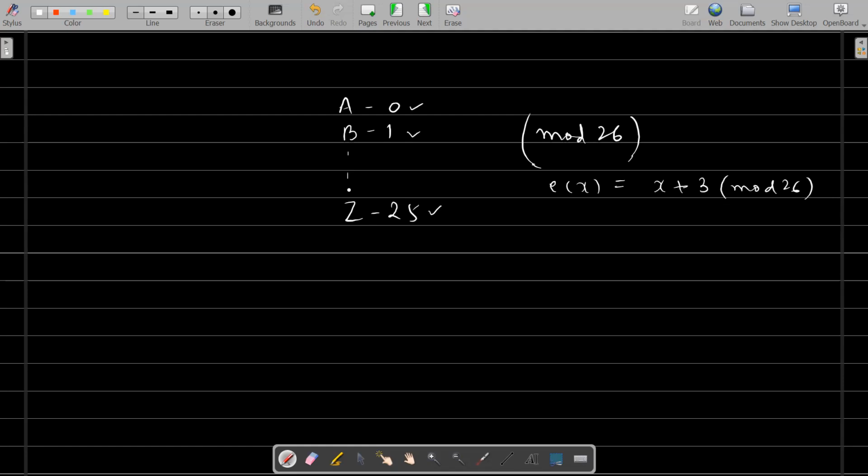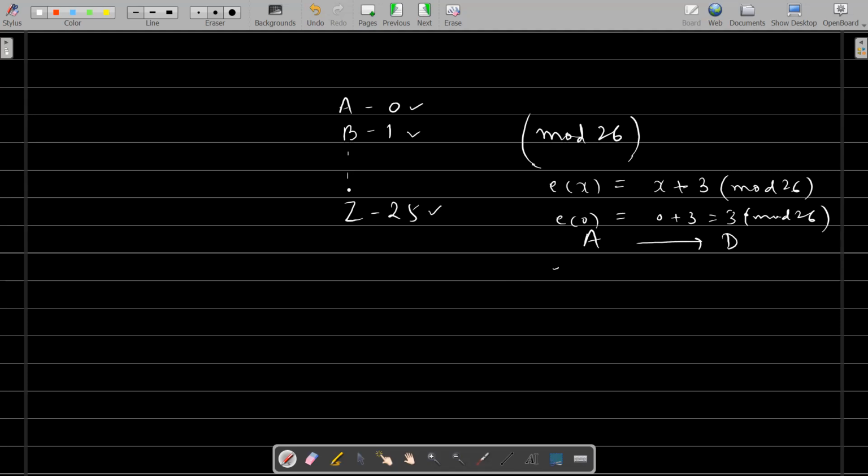So for example, A is 0, so E of 0 is 0 plus 3, and 0 plus 3 is 3. Once I get a number between 0 to 25, I keep it as it is. But if it goes beyond that, then I work it modulo 26. So this is 3, I keep it 3 only, and that is nothing but D. So A goes to D, right?